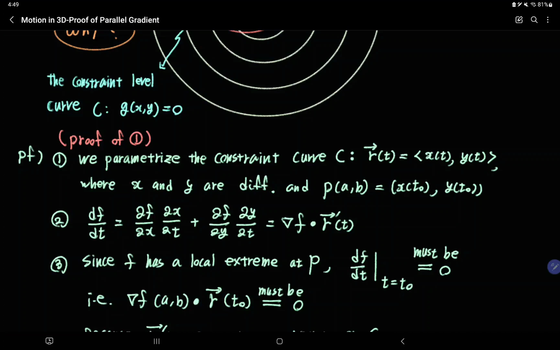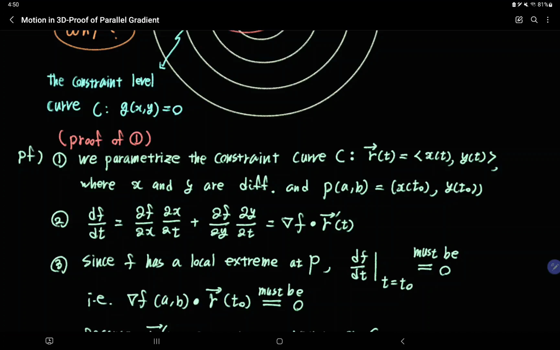Otherwise, the level curve will not be smooth. P = (a, b) is (x(t0), y(t0)), which means that when the parameter t is t0, then x and y equal a and b respectively.